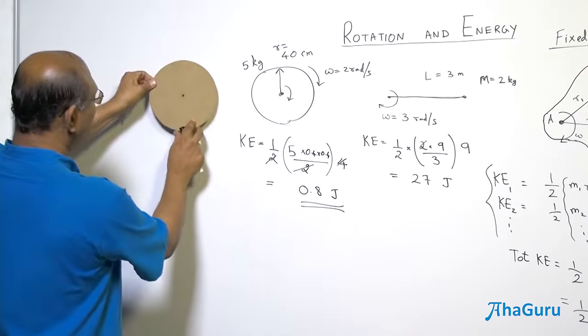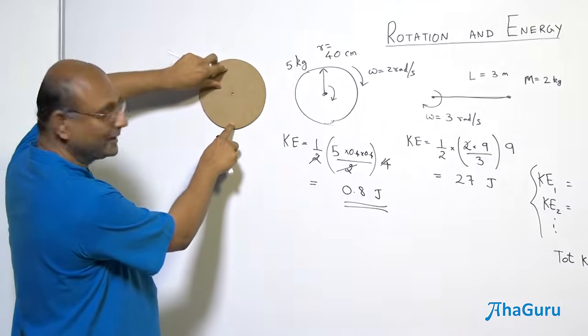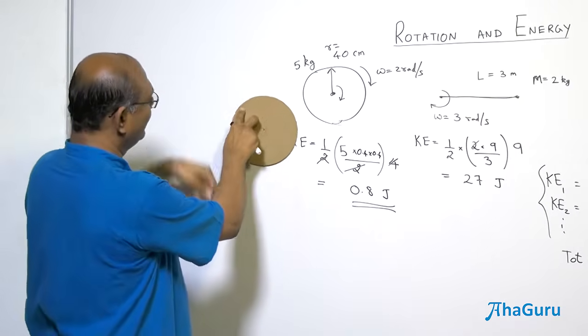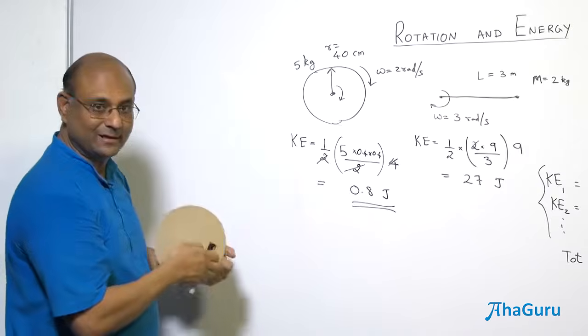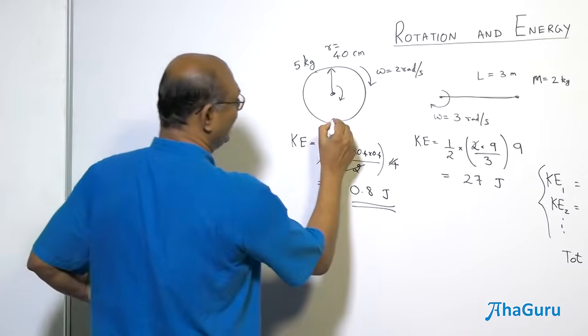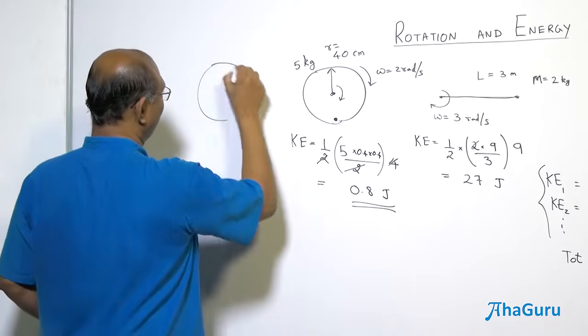Now if I took the same disk and I decided that instead of keeping this as the axis, I'll keep this as the axis and then let it go around like that, then you can have the same omega, the same mass, everything the same except the axis is this point. So now let us calculate again.